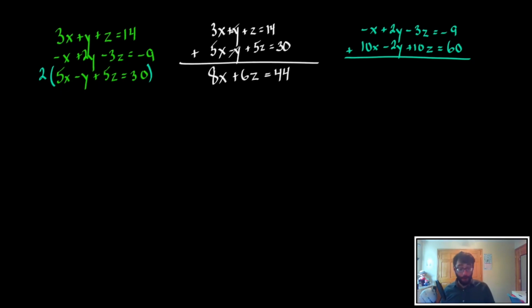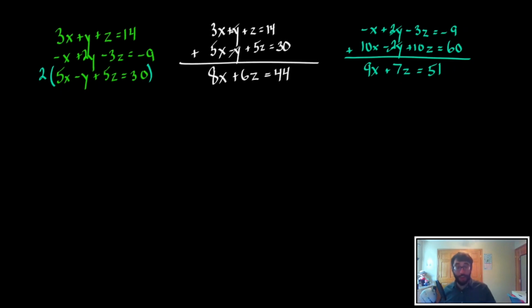All right, so I went ahead and just rewrote the second equation, but I multiplied this third equation through by 2, okay? Now that left me with 10x, -2y, 10z equals 60. So now when I add these two together, I'm going to get 9x. The y's cancel once again like I want, plus 7z is equal to 51, okay?